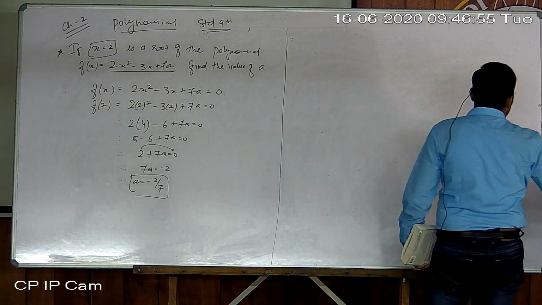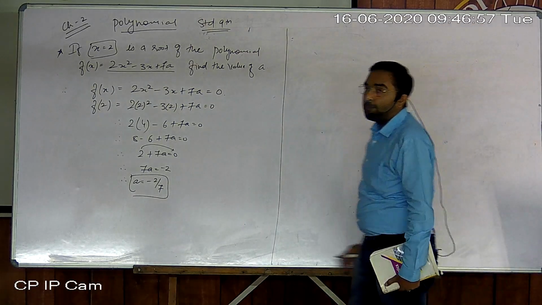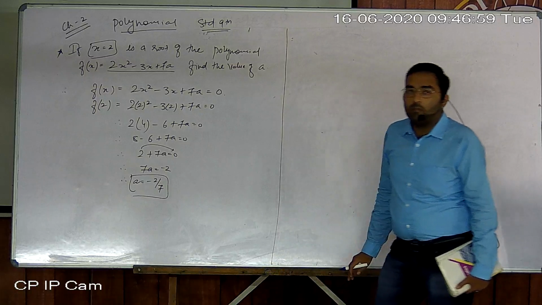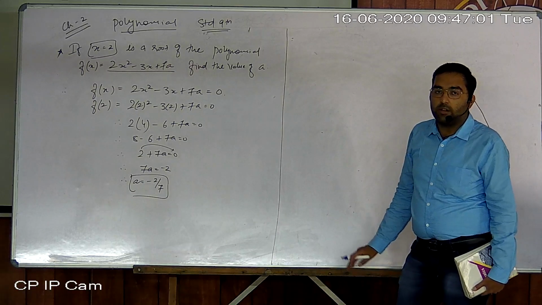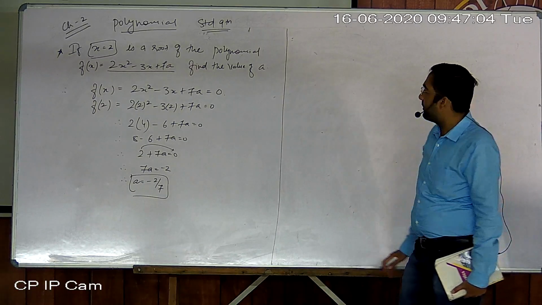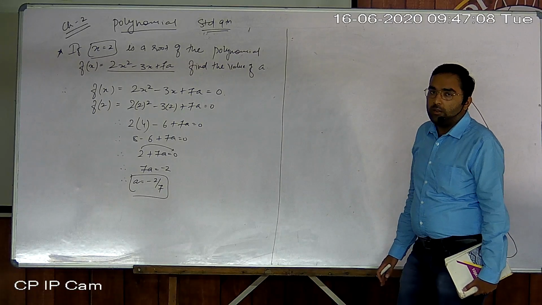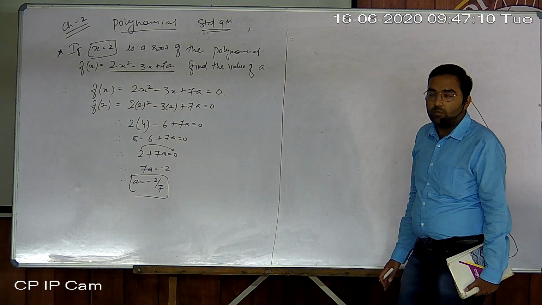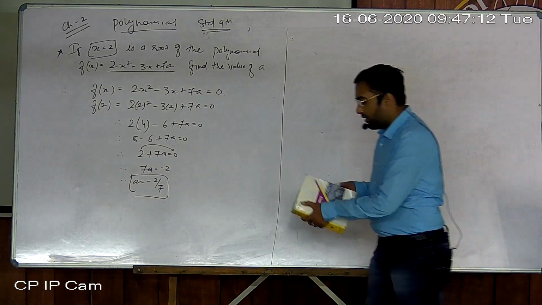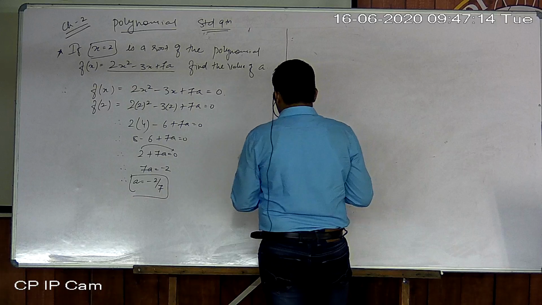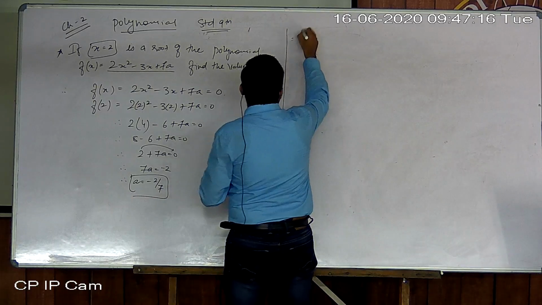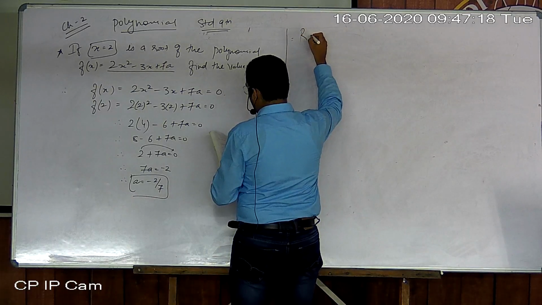For that condition, we will say that x is a factor of the given polynomial. That method is called the remainder theorem. We will see the remainder theorem using some examples.